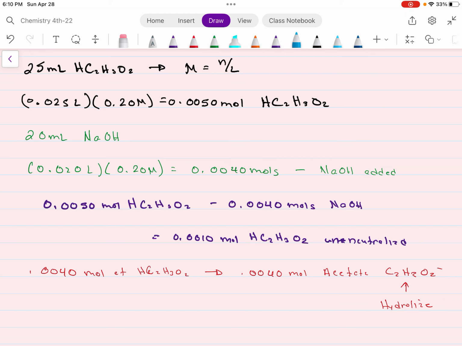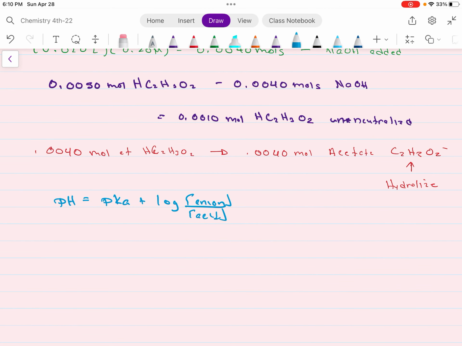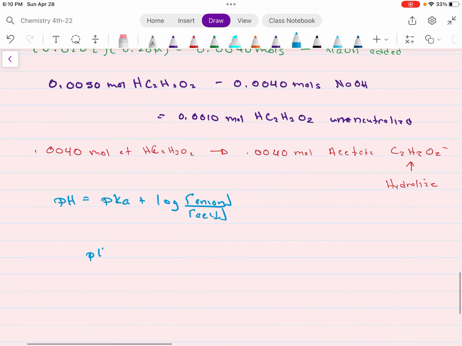And that one says that the pH of a solution is equal to the pKa plus the log of the anion over the acid, right? So we know that already. So here's how we calculate the pH. The pH is equal to the pKa, which we already know. For acetic acid, we did this before.